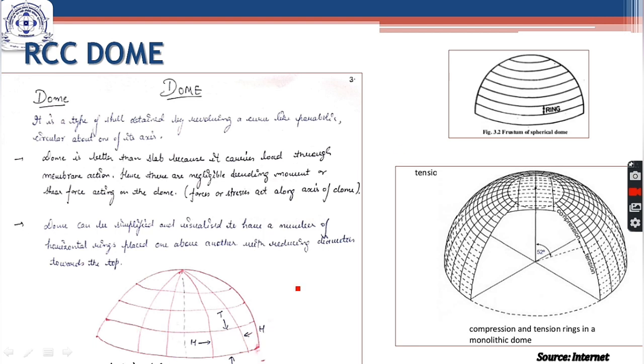As I have already explained, a dome consists of different rings of different diameters. So let me take this ring. This ring will have this force acting along the circumference, which is known as circumferential force or hoop force, denoted by H here, and along the meridian we will have the meridional force, denoted by T here.